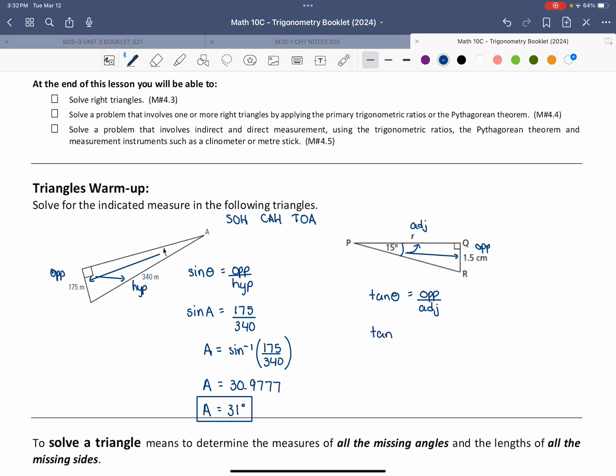Then plug in our information. Tan of 15 equals, the opposite side is 1.5 over the adjacent side, which is r. Then we want to solve for r, so we can cross multiply by putting a 1 under the trig function and then cross multiply and divide.